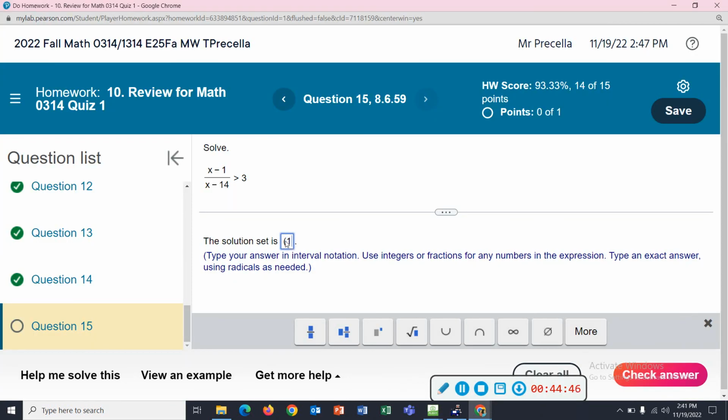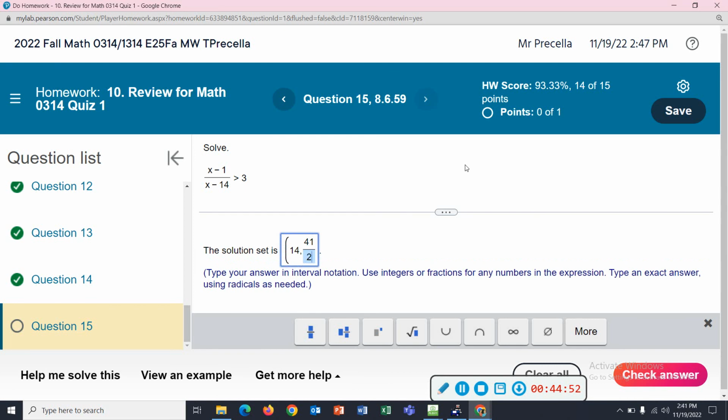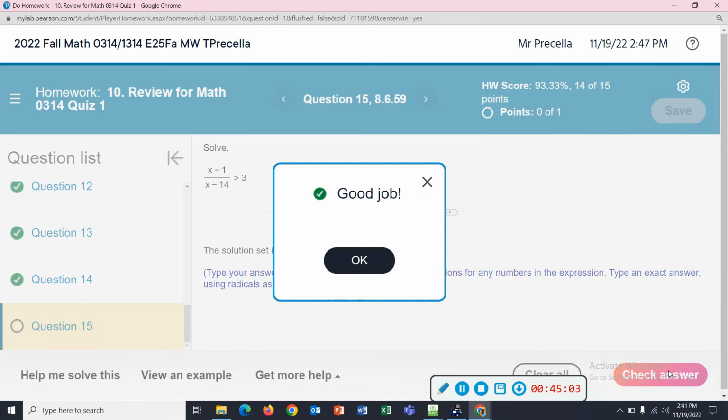Parentheses 14, comma 41 over 2, right arrow to get out of the denominator, parentheses. Okay.